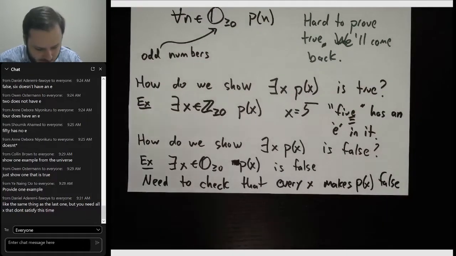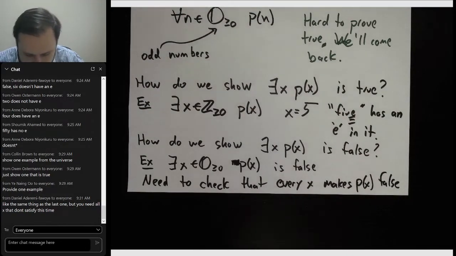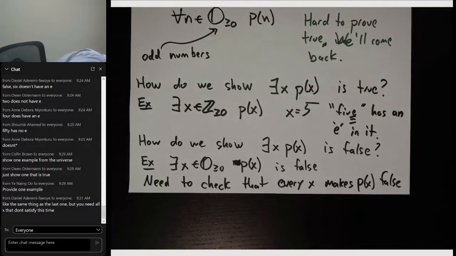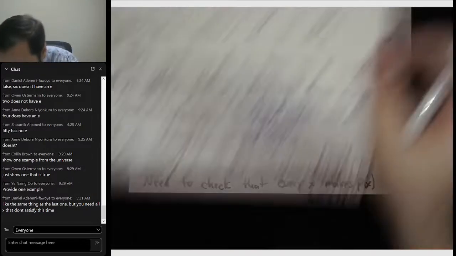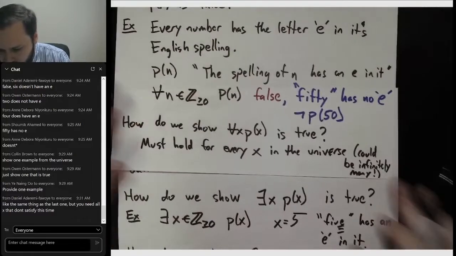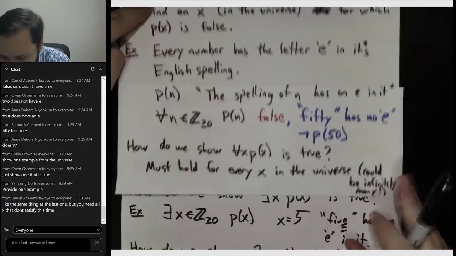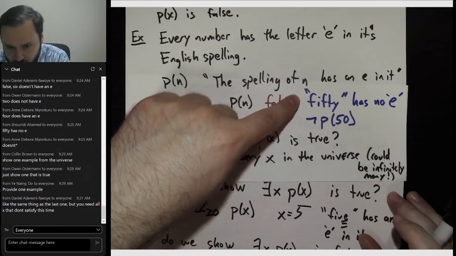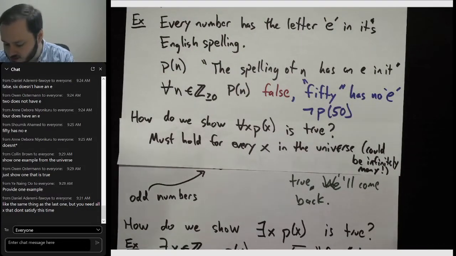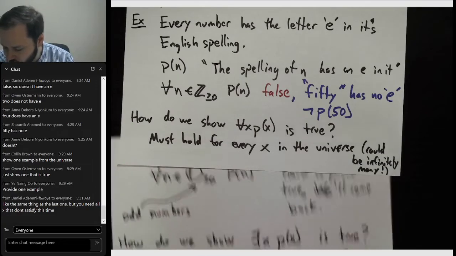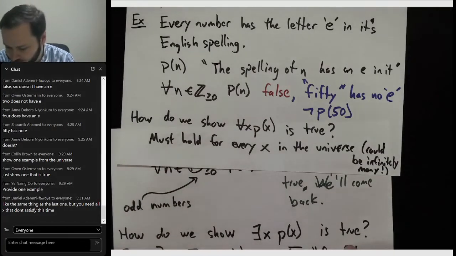So here's the connection I want to draw. These seem related. If I want to show that a for all statement is false, I just need a counterexample. If I want to show an exists statement is true, I just need an example.